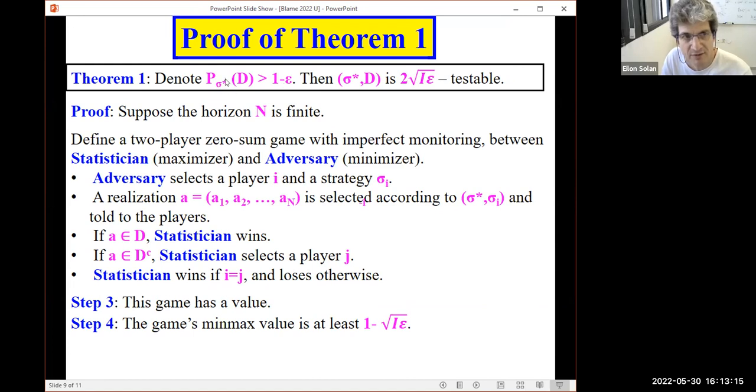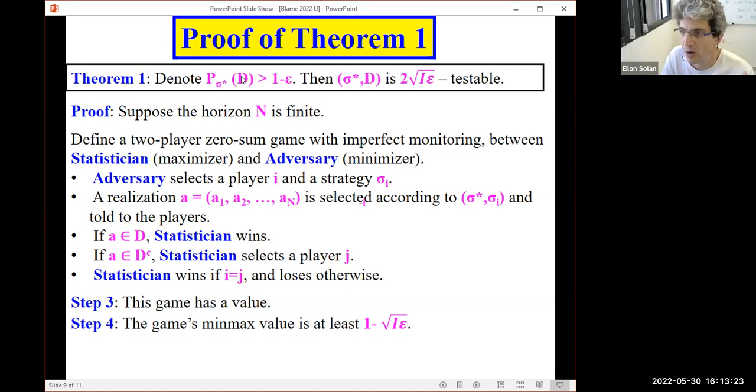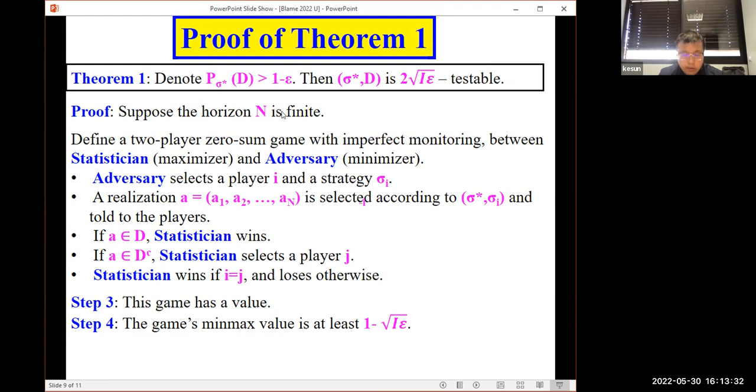Because if everyone is honest and nevertheless the realization is not in D, this is a false alarm. Then we would say someone deviated, and the probability of false alarm is at most epsilon. Okay, thanks. Yeah, sure.